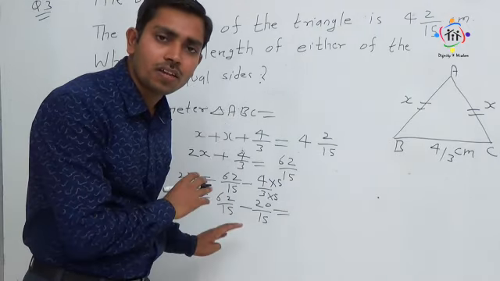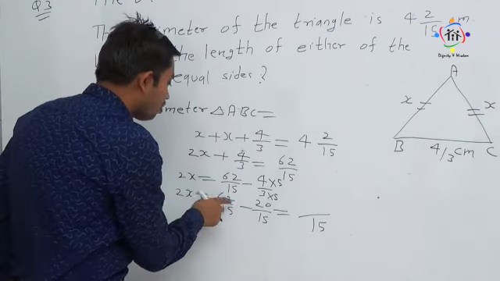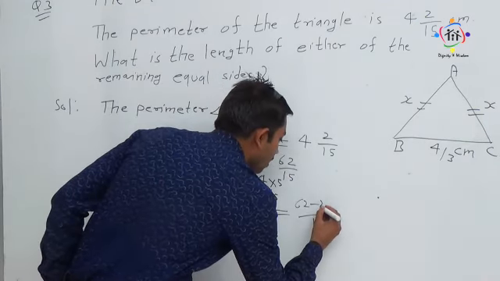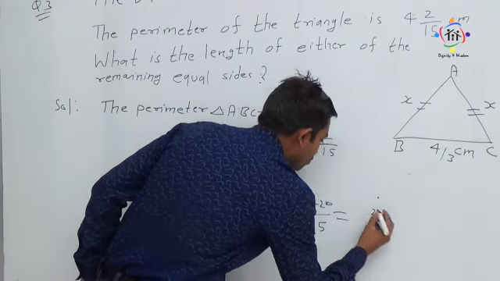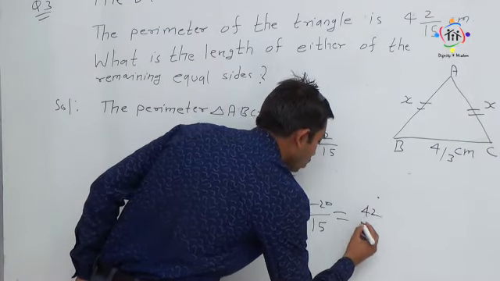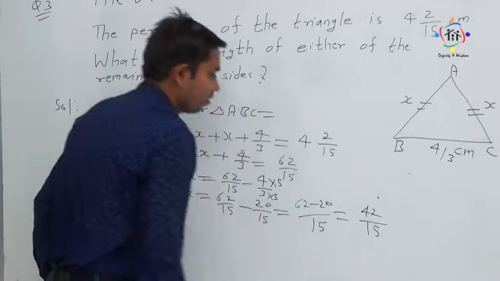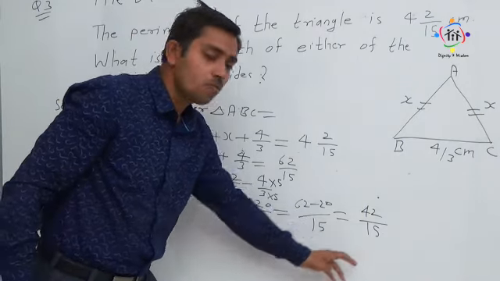Now we can subtract the numerators. Write the denominator one time. So 62 minus 20. What is coming, my dear students? 2 minus 0 will be 2. 6 minus 2 will be 4. Divide by 15. So here we got 2x is equal to 42 by 15.